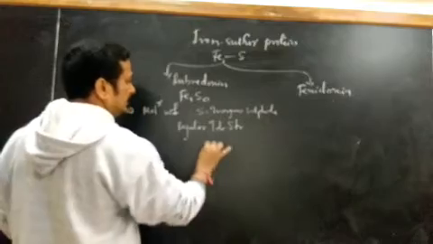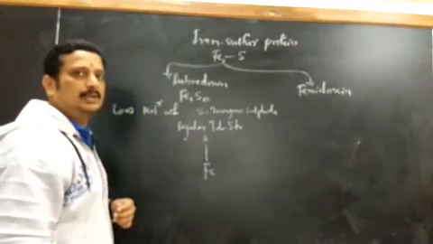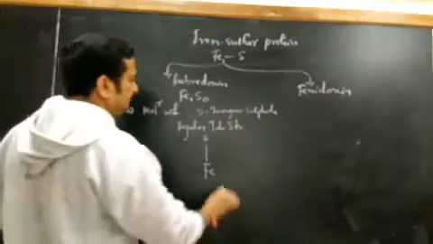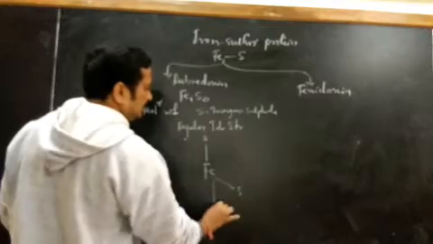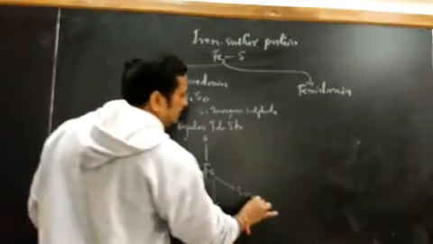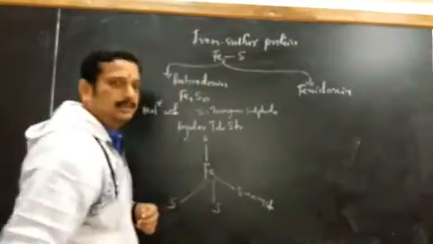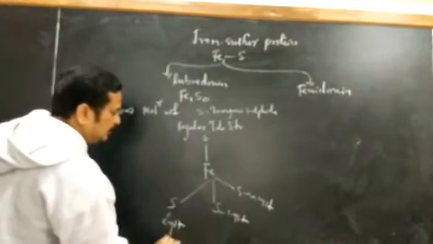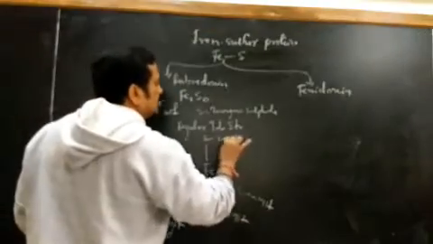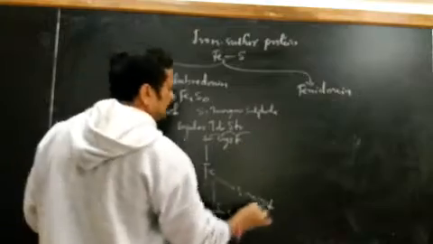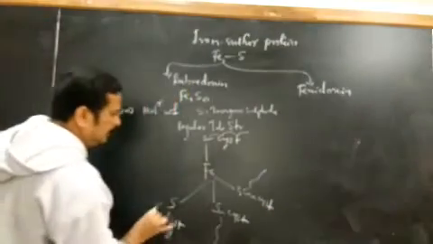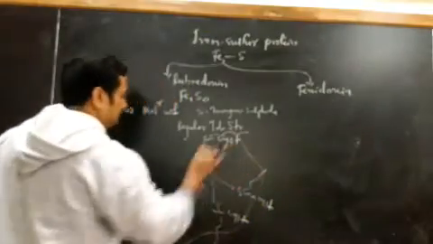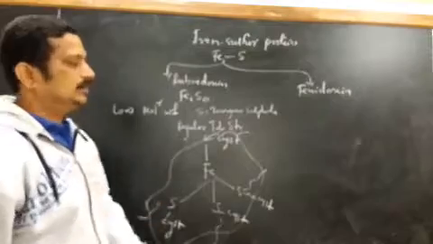Here is the sulfur of cysteine, and here the sulfur of cysteine, and another sulfur of cysteine. And they are having the chain in this way, bound like this.